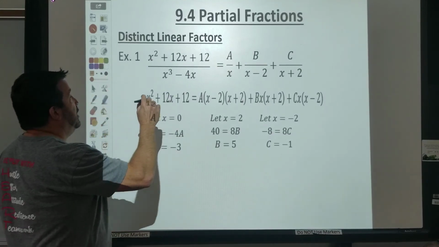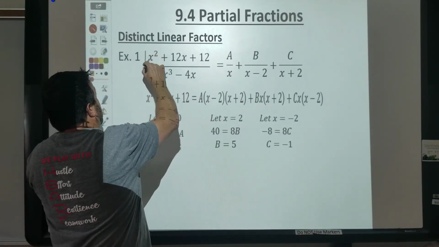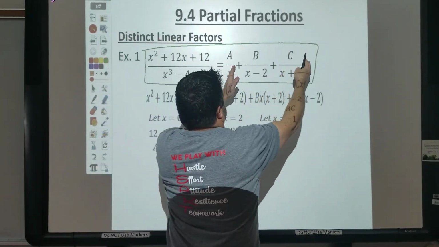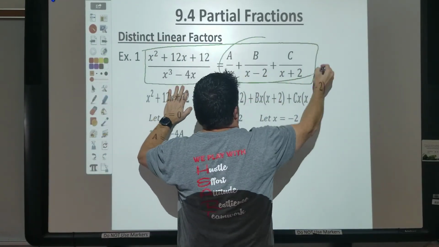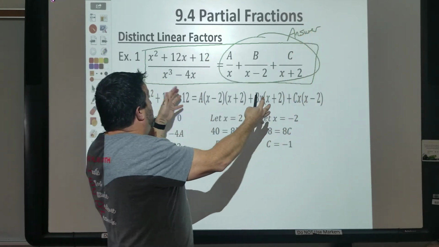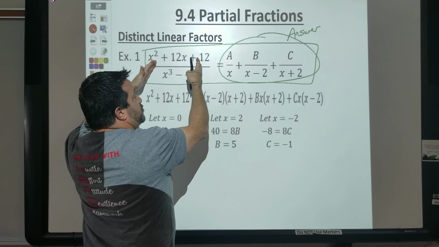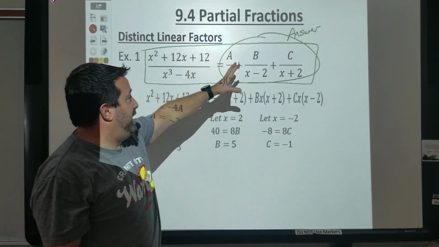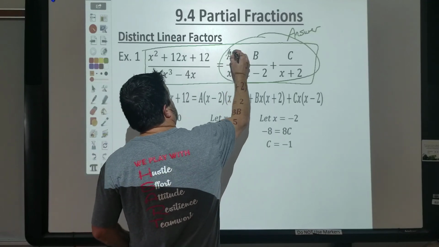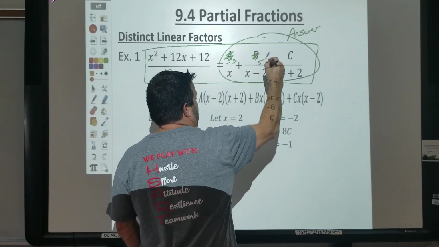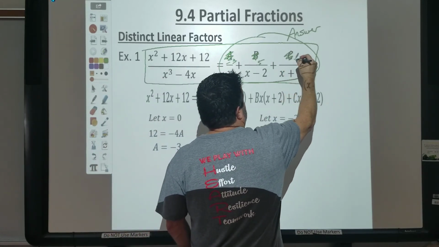Now keep in mind, this is what I was given here, and then this is what I was looking for. So this part right here is actually what my answer is. I want to take this original expression and break it down into 3 fractions. So this is my answer, but I would be replacing the A with a -3, replacing the B with a 5, and replacing the C with a -1.